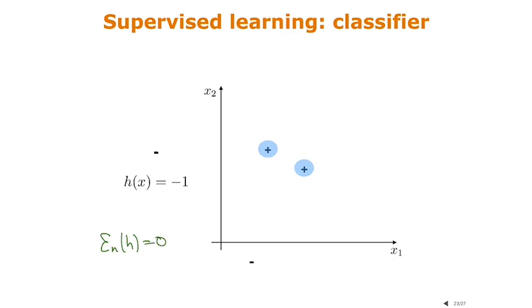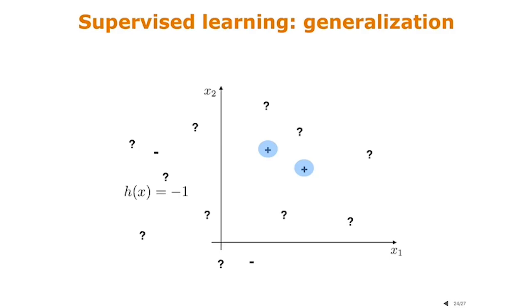Okay, the problem here is that if we consider now the test examples that we wish to classify correctly with this classifier, all of those test examples that are not exactly the two positive training examples are classified as negative. So if about half of the test examples have positive label, about half negative label, this classifier would have a test error of about half. So it would be chance level performance for test examples, even though it perfectly classifies the training examples.